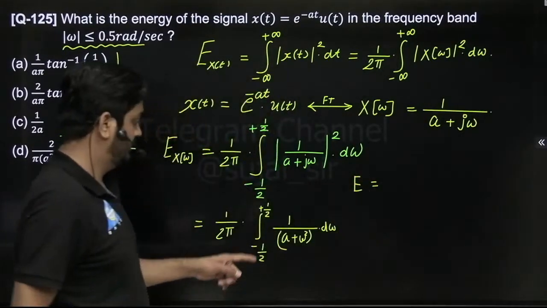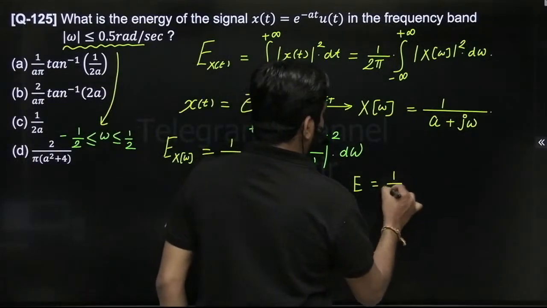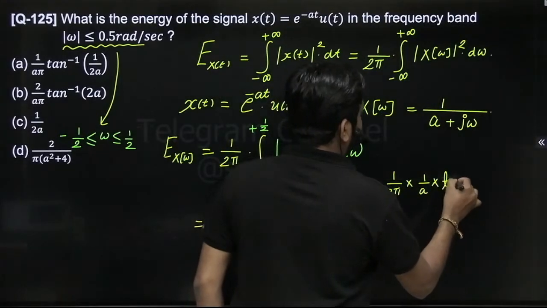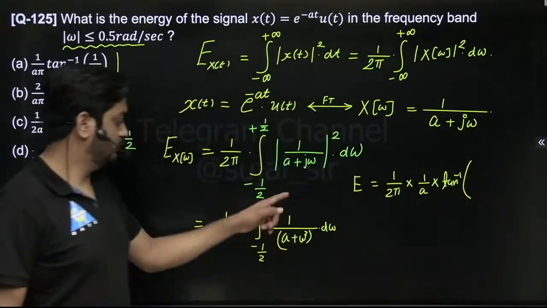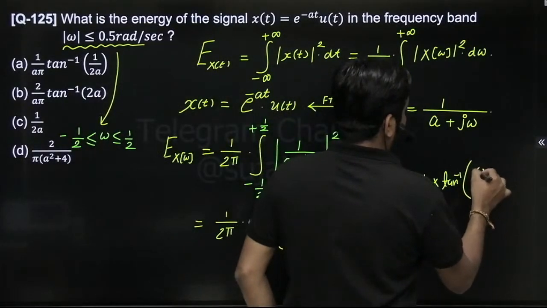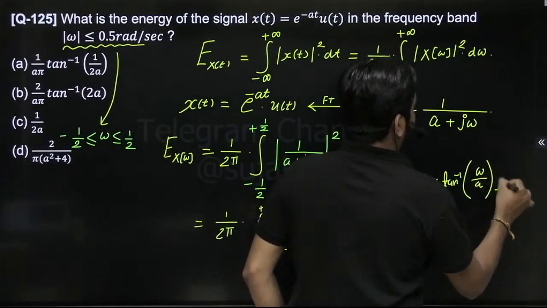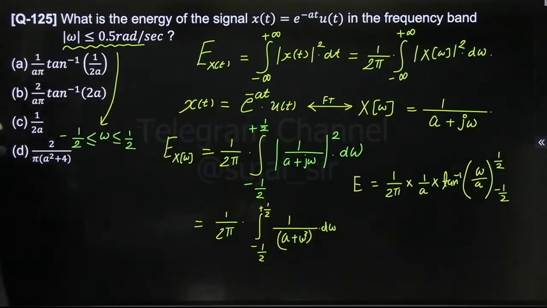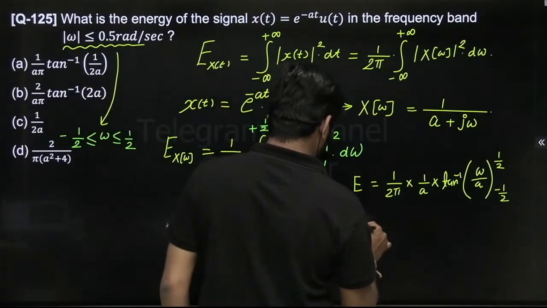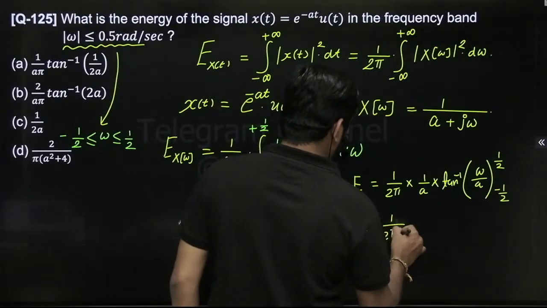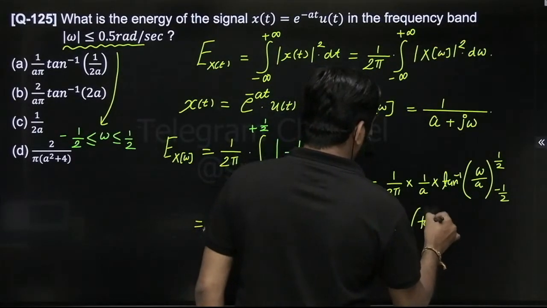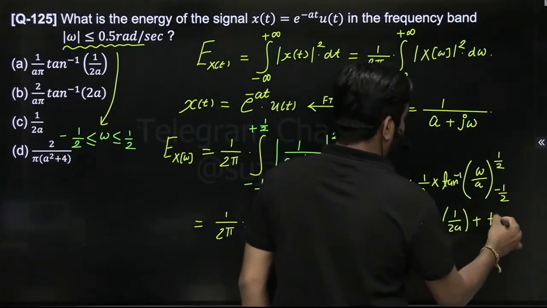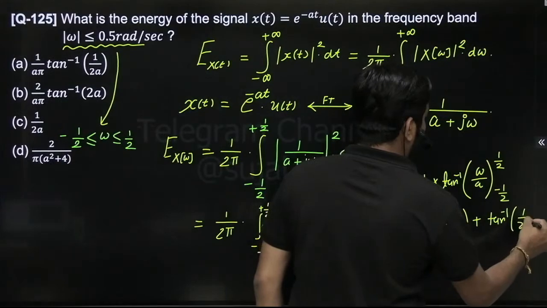So what about the integration? It is 1 upon 2 pi, here 1 by a into tan inverse omega by a, from minus 1 by 2 to plus 1 by 2. So this is nothing but 1 upon 2 pi a bracket tan inverse 1 by 2a plus again tan inverse 1 upon 2a.